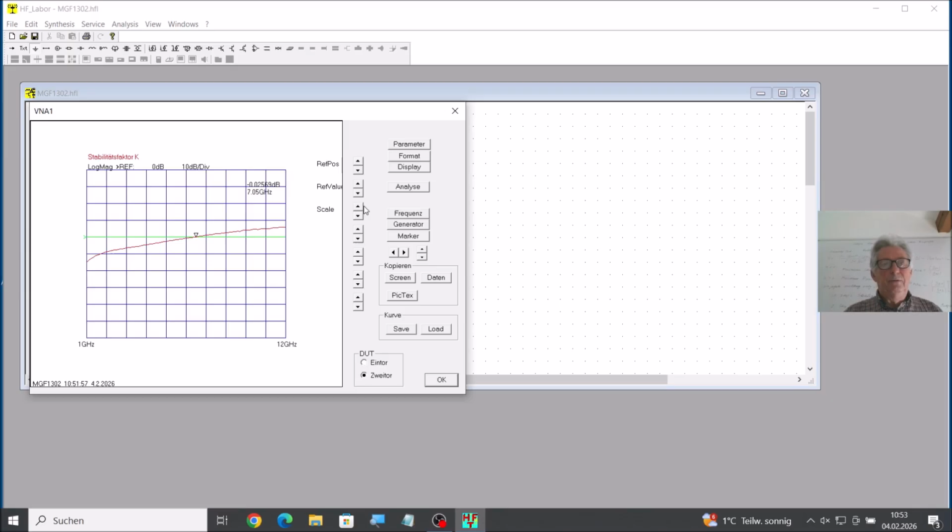Then we can calculate the stability factor again, and then we see that the stability factor will be greater than 0 over the whole frequency range, which means now the transistor is stable over the whole frequency range.